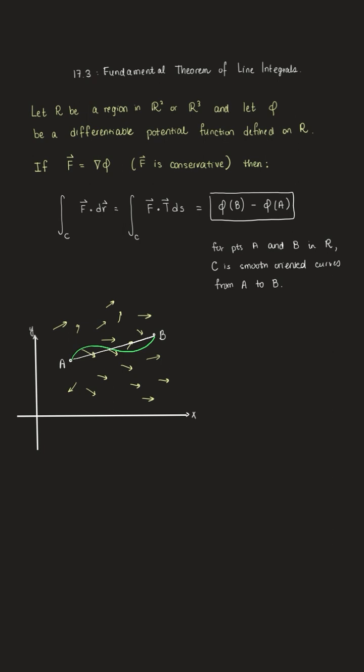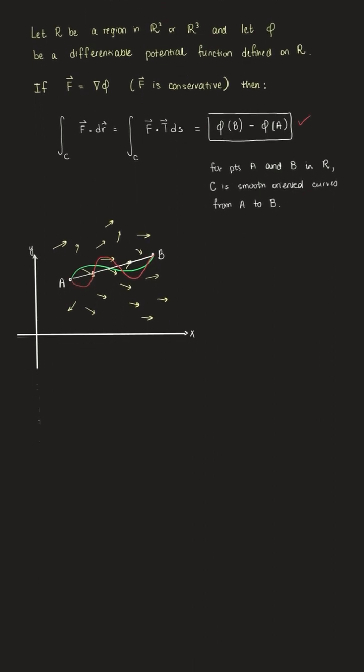So no matter what curve I pick, maybe I'll go something like this, if I start and end at the same two points, then we can calculate the vector line integral, and that will be the same. And this also implies that we actually have independence of path. So I'll write that definition down now, and then we'll prove this fundamental theorem. So you can see here that we really have independence of path.